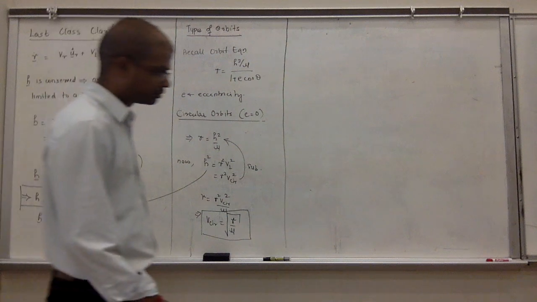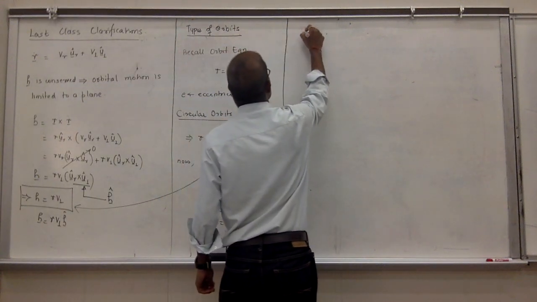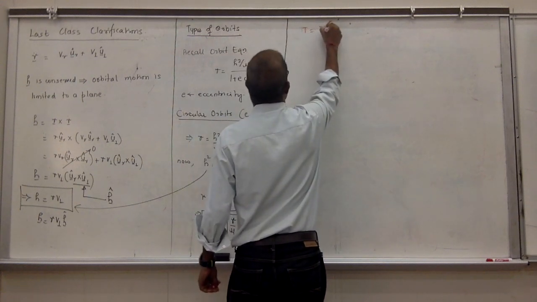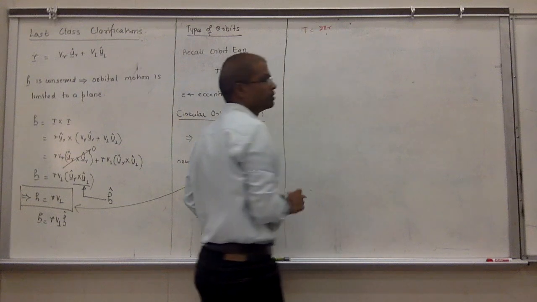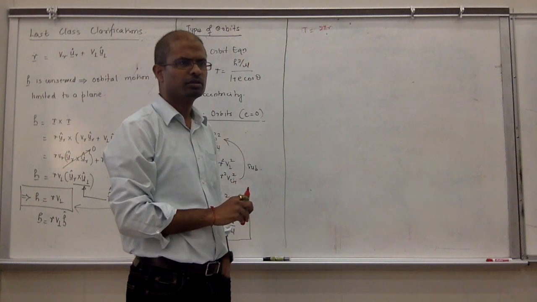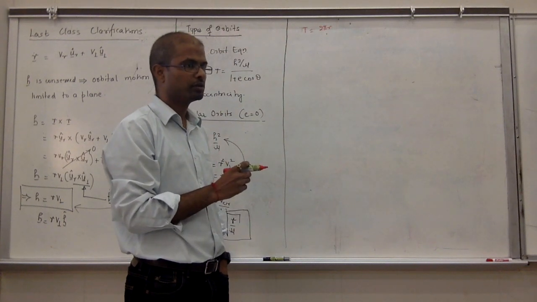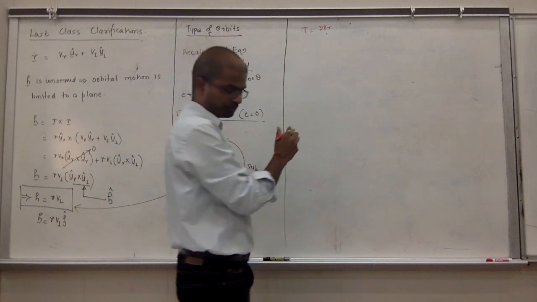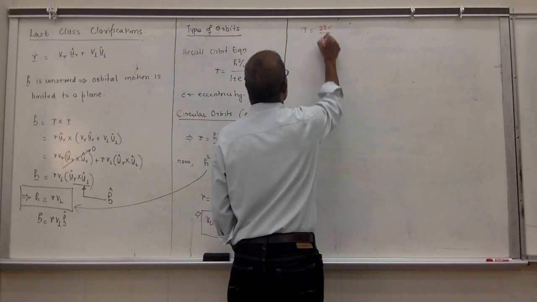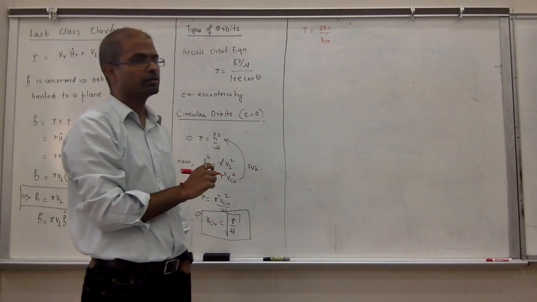The time period, T. What is 2 pi r? 2 pi r is what? The circumference. Right? So if you have 2 pi r over V circular, what are you going to get?